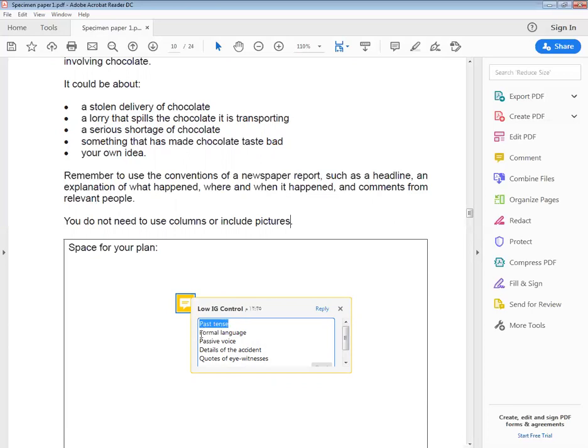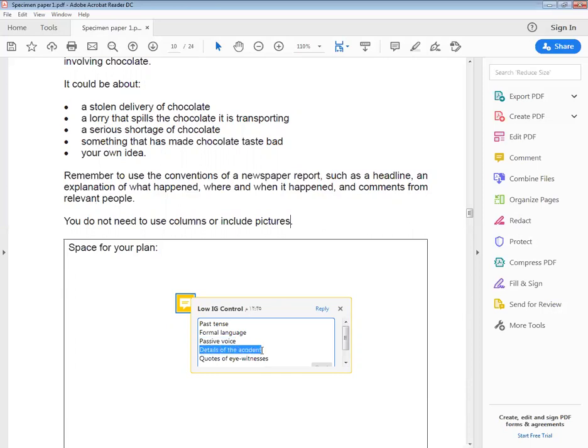Of course, this is a report written in a newspaper, so you have to use formal language. This means try as much as you can not to use contractions. And passive voice, because passive voice contributes to the formality of the text. It's a way to make the text formal, especially when you're talking about the details of the accident.